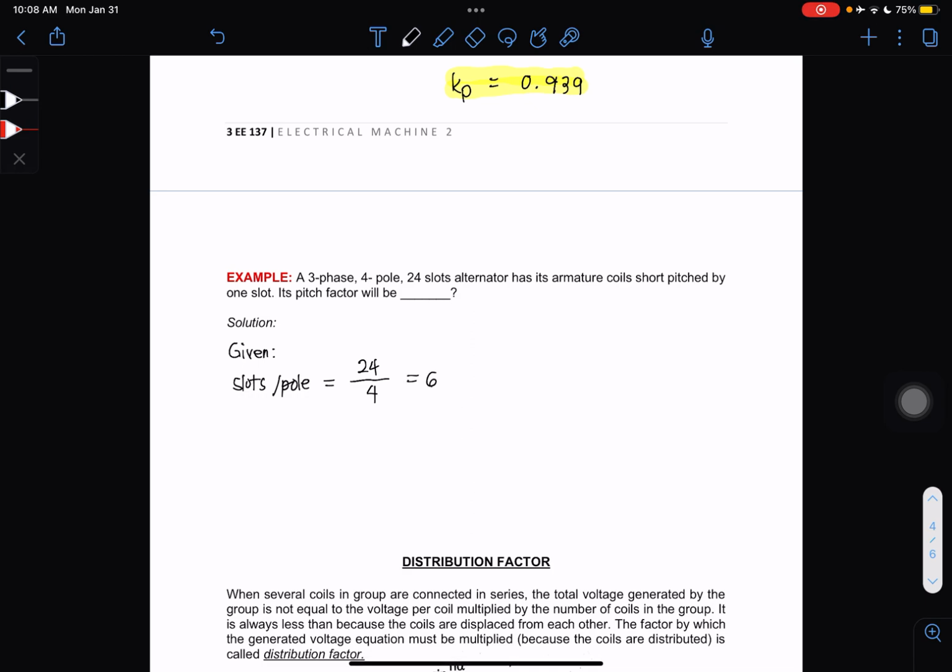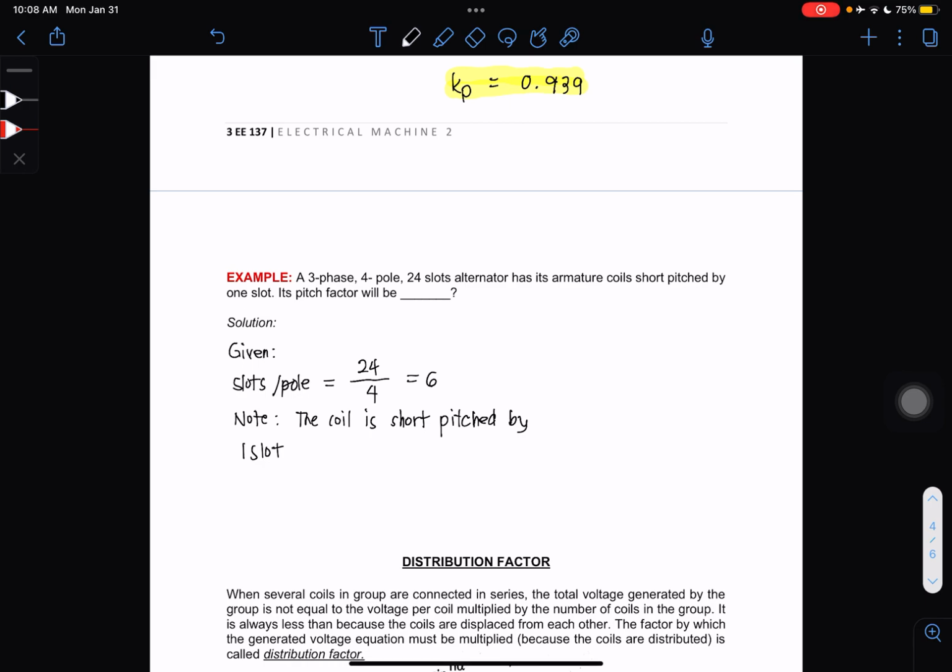Take note that the given coil is short pitch by 1 slot.